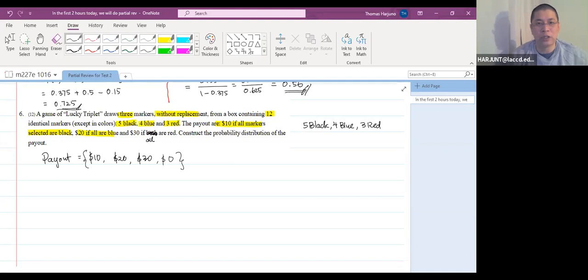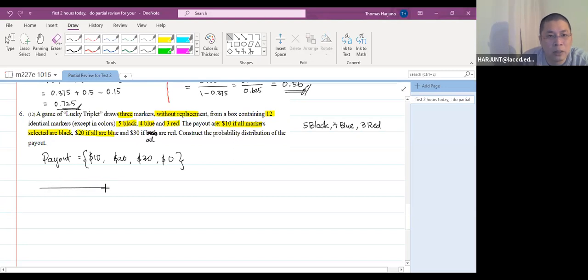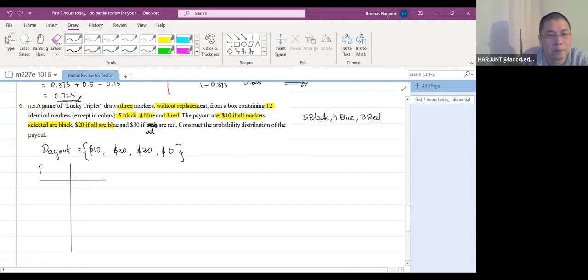Now, the question is, we need to compute the probability distribution for the payout. So we need to create this. Let's call that X. Let X be the payout.